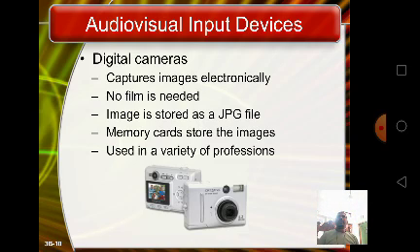Videos are commonly used in presentations and on web pages where the viewer can start, stop, and control various aspects of the playback. The video cameras used with computers digitize images by breaking them into individual pixels.